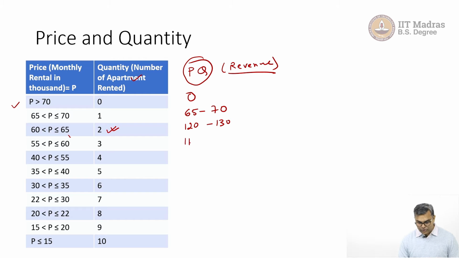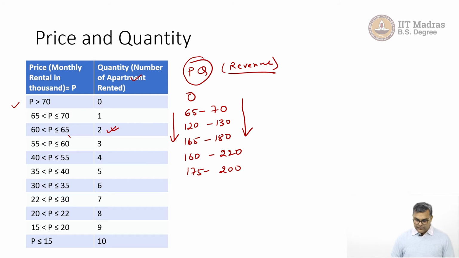Here it is going to be between 165 to 180, still increasing, then it is going to be between 160 to 220, and then it is going to be 175 to 200. Now, if you follow this side, we see a similar pattern, that from 70 it is going up to 130, then 180, then 220, then 200.